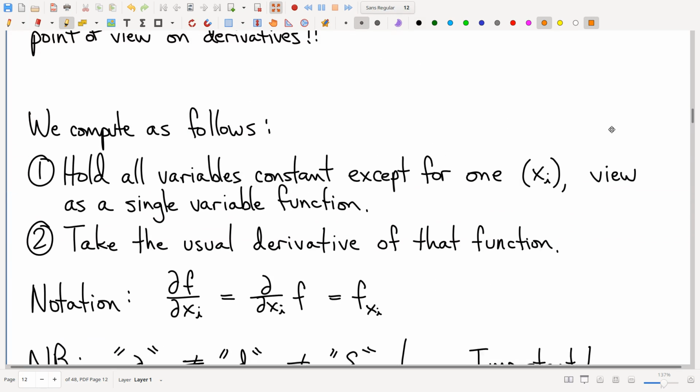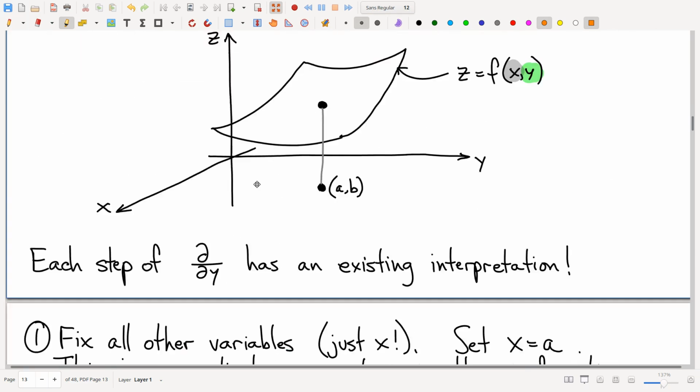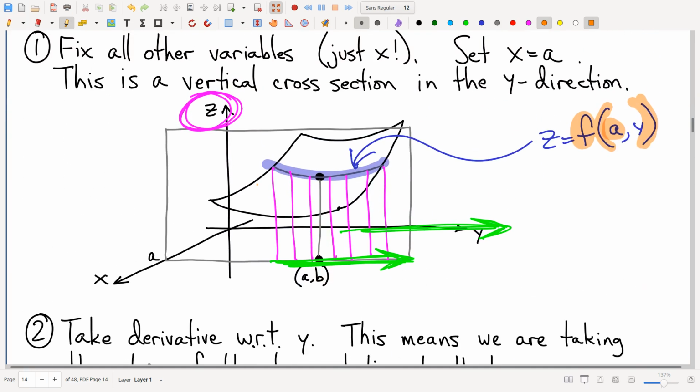Namely, this single variable function that I get by holding all the other variables constant. Now, the reason that's relevant is because notice the very next step that we're going to take is to take the derivative of that single variable function. How can I interpret the derivative of that single variable function?